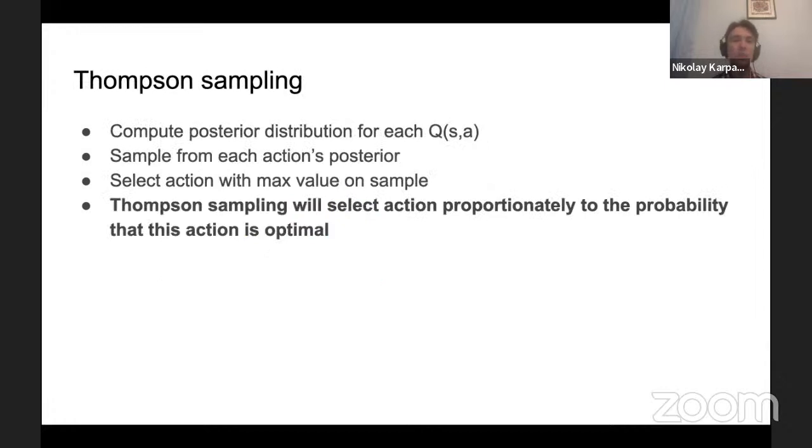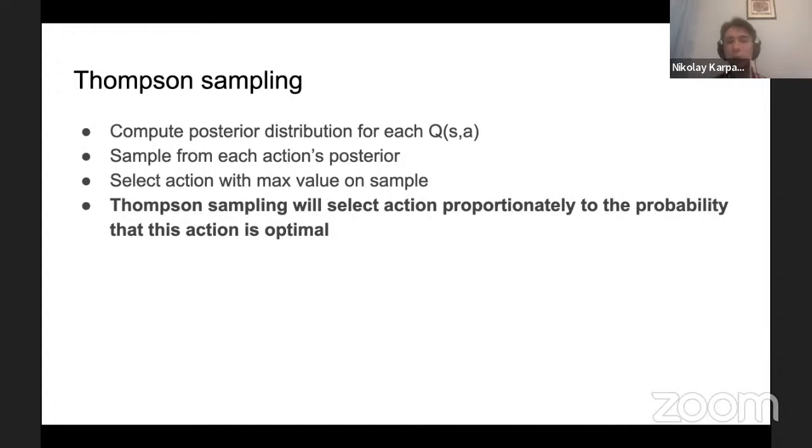One way to do it is called Thompson sampling, which involves some Bayesian approach. We can compute the posterior distribution for each action, and we can sample from each distribution a number of points, and we can deduce probabilities from these samples.